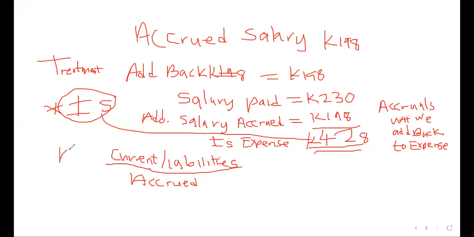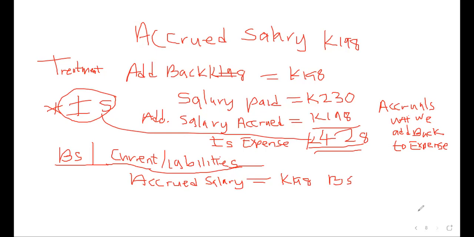This one should go in the balance sheet. So that's how it will be treated. The accrued salary of 198 should appear in the balance sheet, so you should also take it down there. It will come as 198 in the BS under current liabilities.